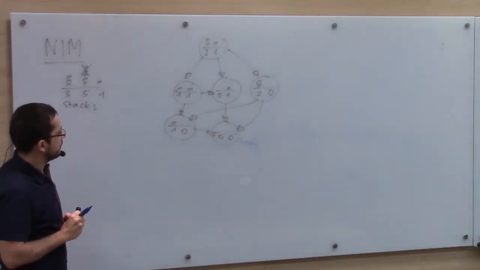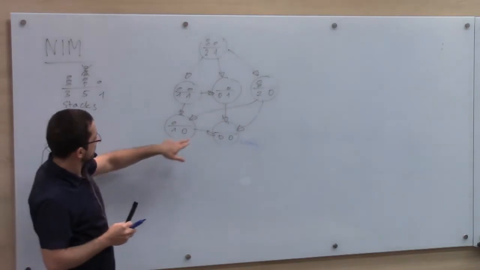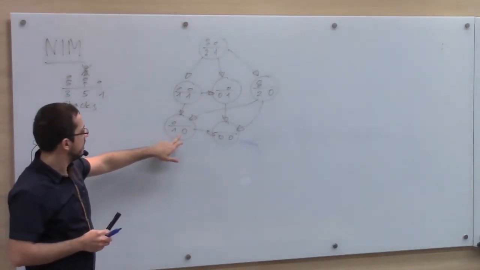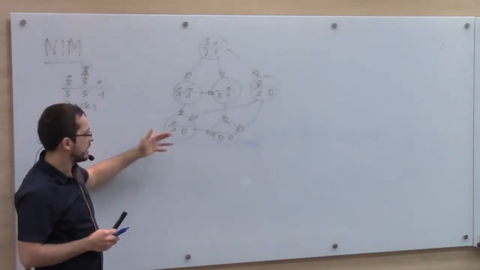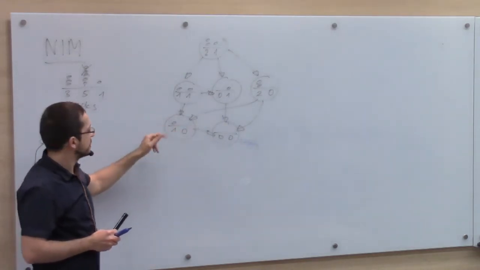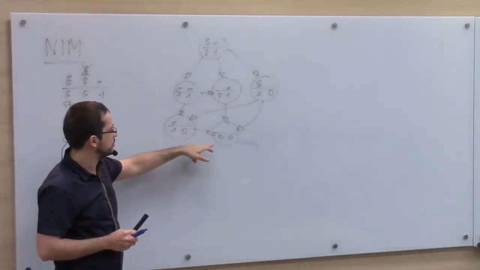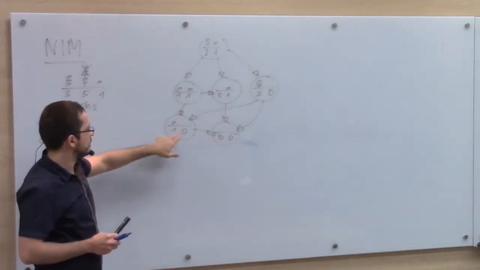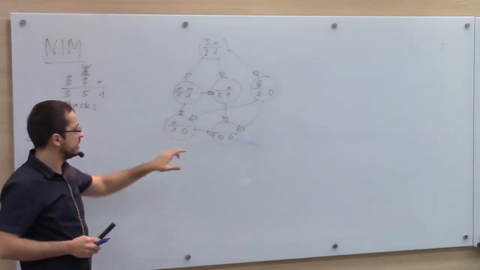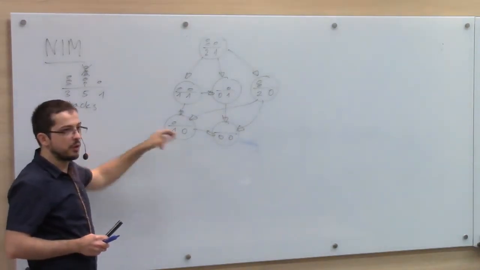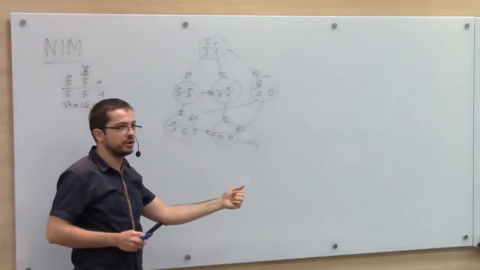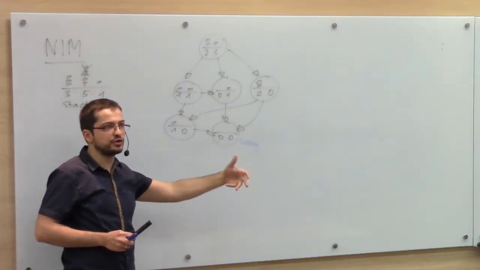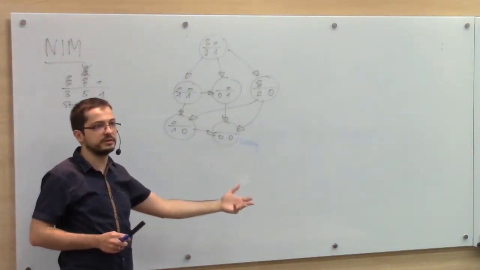Okay, so what about this guy? Here, if we are here, actually there's only one move, and this move goes to the losing position. So basically, if we are the player who starts at this position, we have a move which goes to the losing position, and the next position will be the position in which our opponent starts.